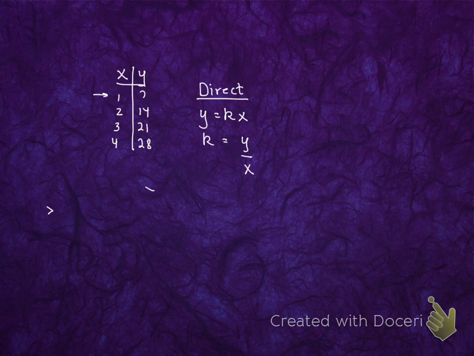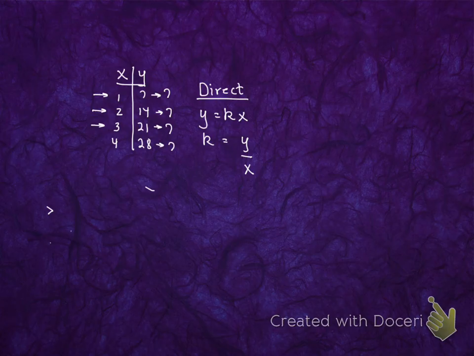K is equal to y over x, which is 7 over 1. So the k value here is 7. In the next coordinate pair, y over x is 14 over 2, so the k value is 7. In this coordinate pair here, y is 21, x is 3, so 21 divided by 3 gives us that k, again, is 7. Likewise, 28 divided by 4 is 7.